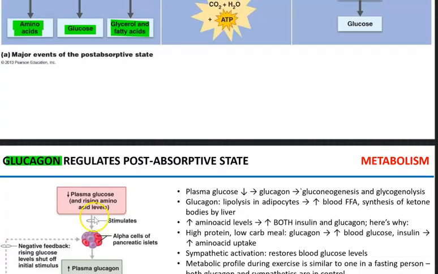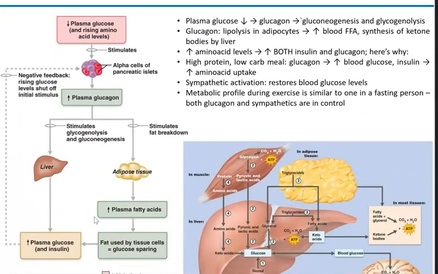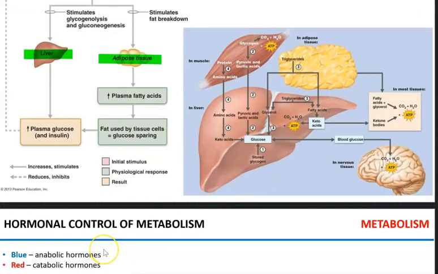It's glucagon. Glucagon will initiate glycogenolysis and gluconeogenesis, lipolysis in the fat tissue, okay, and eventually protein breakdown. Does that make sense to you?